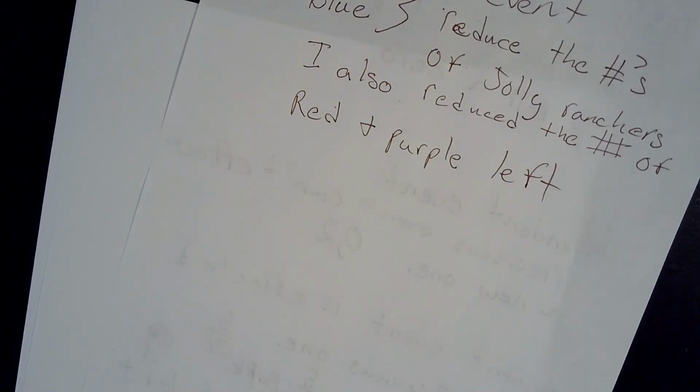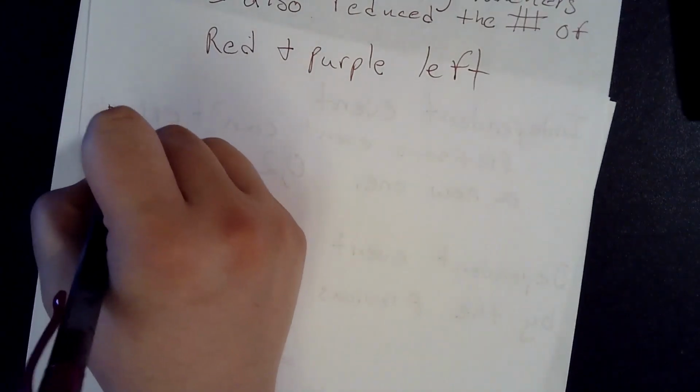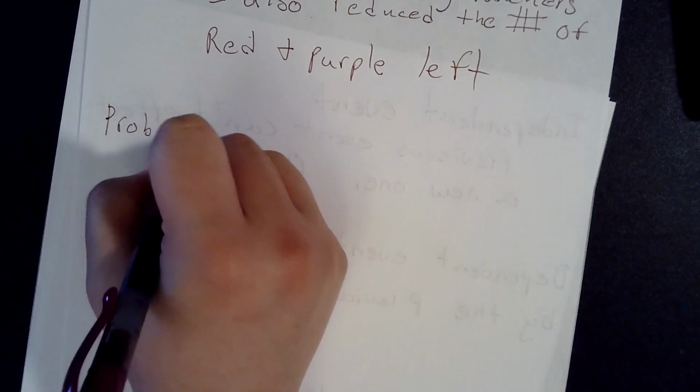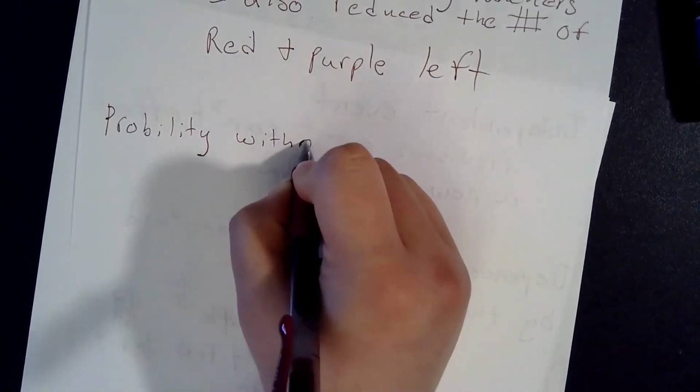So now we're going to go on. Okay? So the same thing of building off the idea of a dependent event. We're going to talk about probability without replacement.